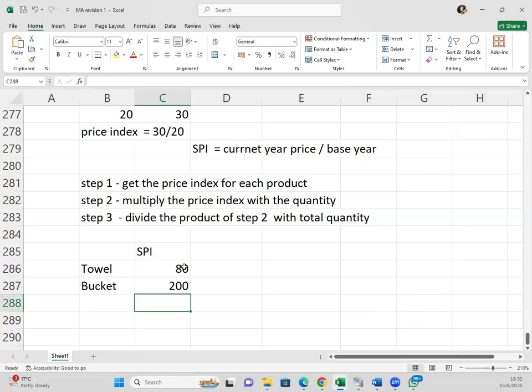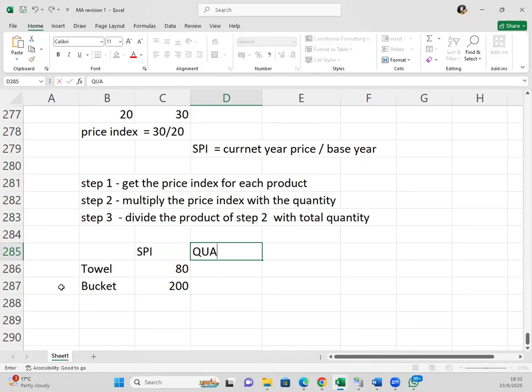After doing that, the next step, we can do it in front here. So the next step is we multiply the price index with the quantity. So let's have the quantity. For the quantities, we have 250.